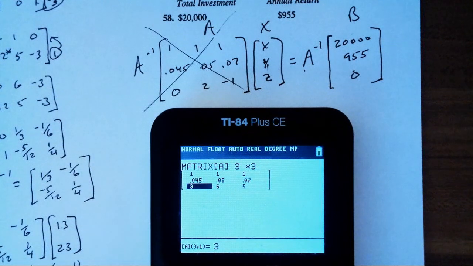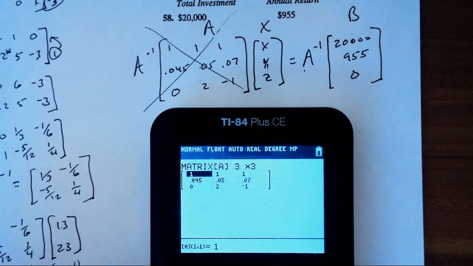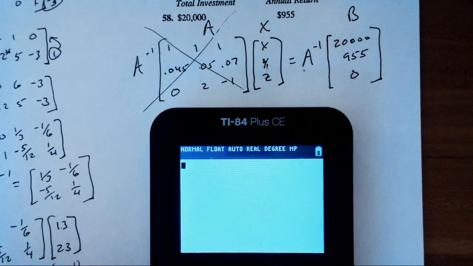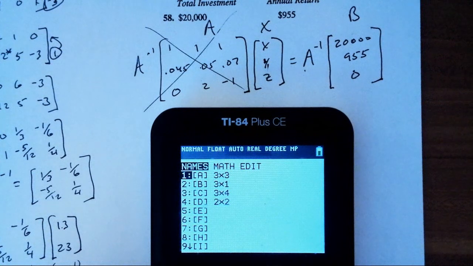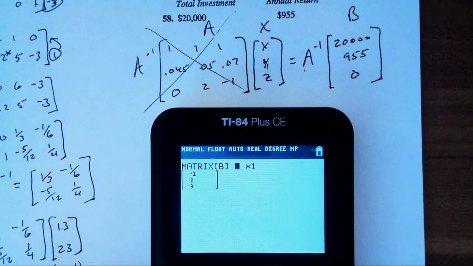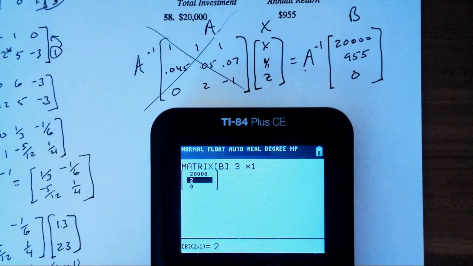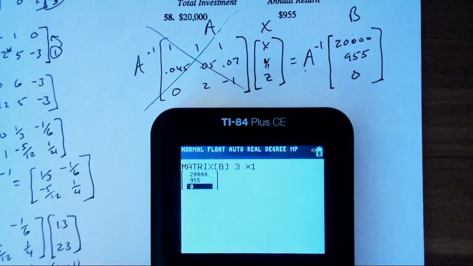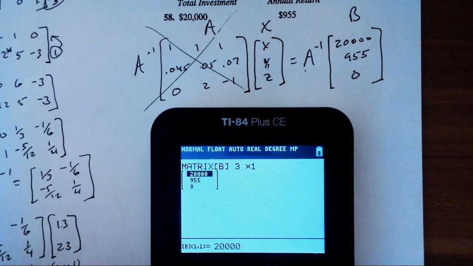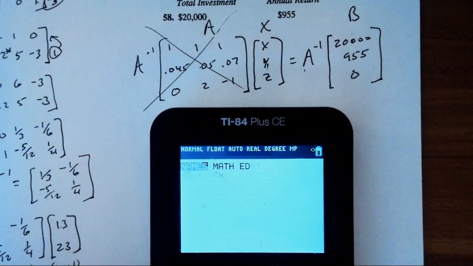Those look good. 0, 2, and -1. Double check them. Second quit, second matrix. Let's edit B. I like the 3 by 1, but I want 20,000. Make sure you got the right number of zeros in there. 955 and 0.